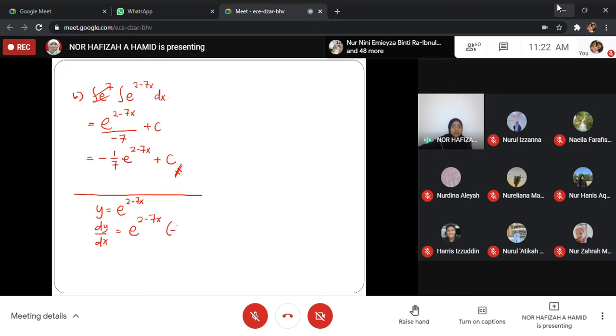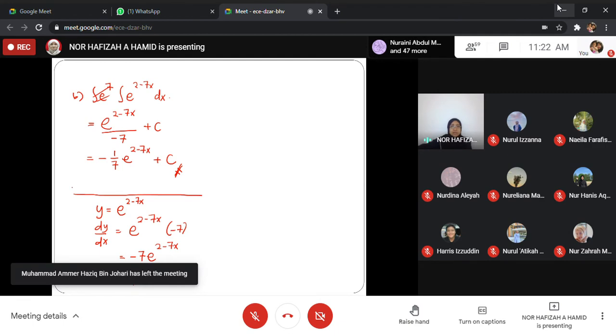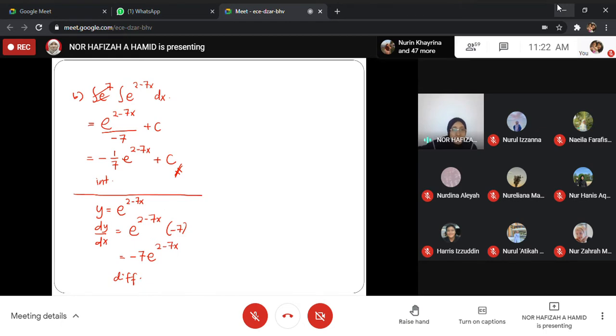So you kena multiply dengan negative 7. So answer dia is negative 7 e to the power of 2 minus 7x. Okay, so ni kalau you need to differentiate. So yang atas ni kalau you integrate. Okay. So yang ini for B.